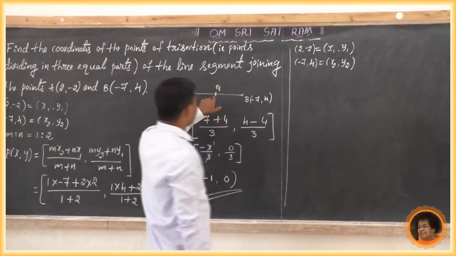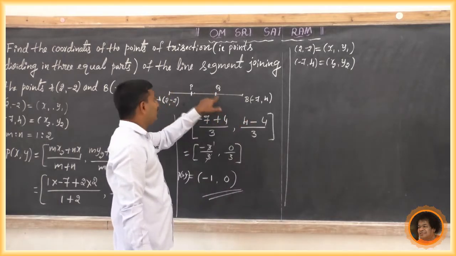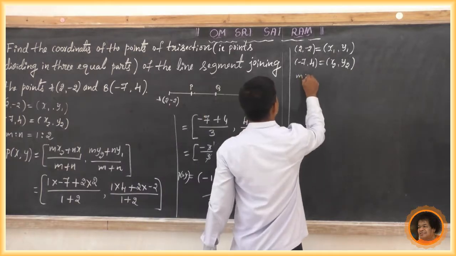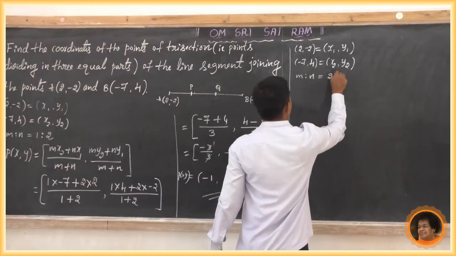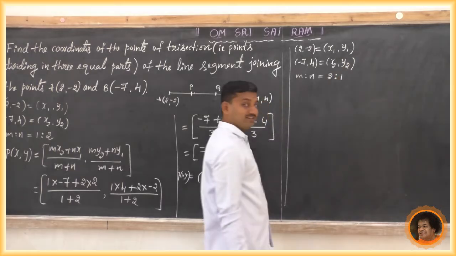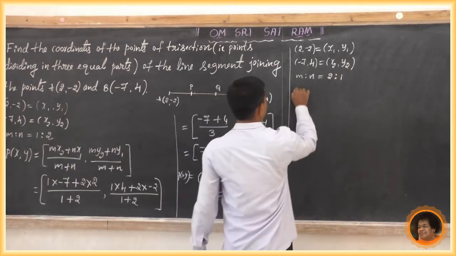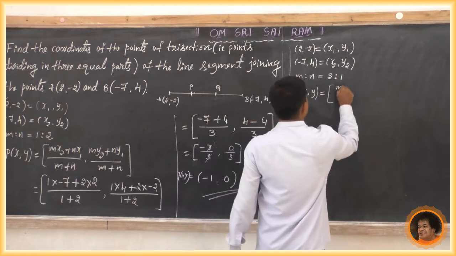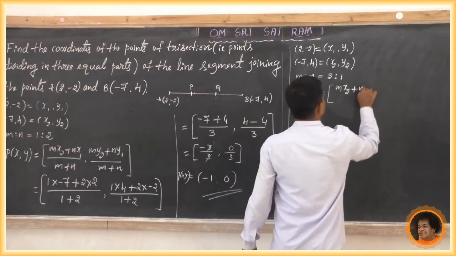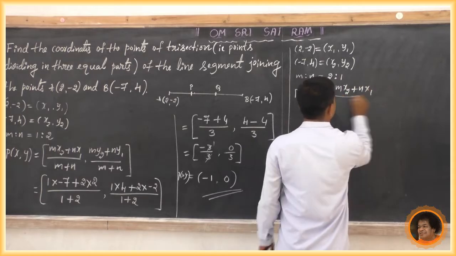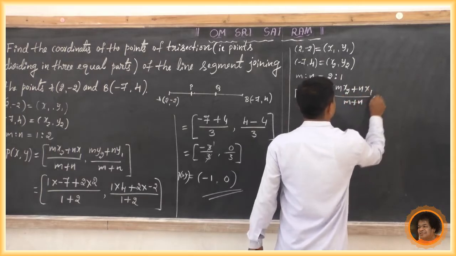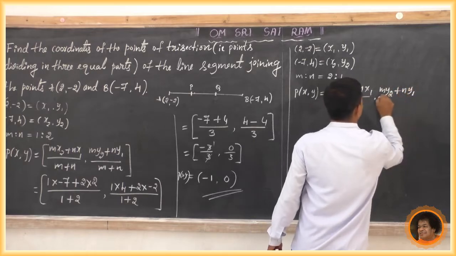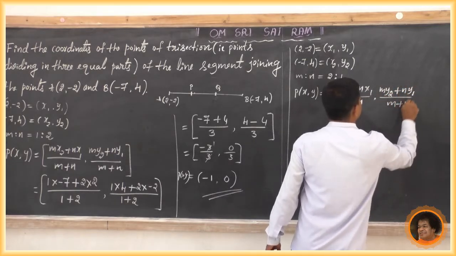And find the coordinates of the point Q, but Q divides AB in the ratio 2:1. So m:n equals 2:1. By using the section formula, (x, y) equals (mx2 + nx1)/(m + n), (my2 + ny1)/(m + n).